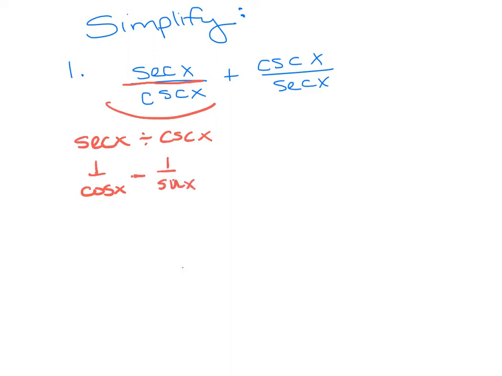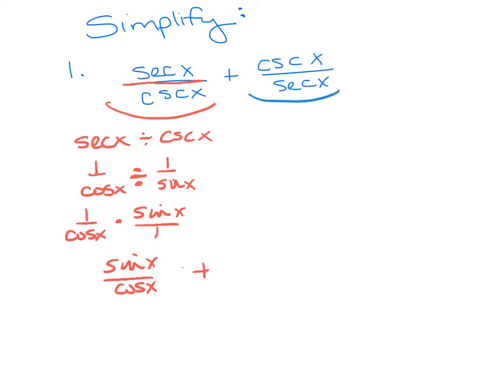And now I'm dividing these. So 1 over cosine x, flip it to the reciprocal. So now I have sine x over cosine x. Now let me do the same thing over here. It's going to be cosecant x divided by secant x.